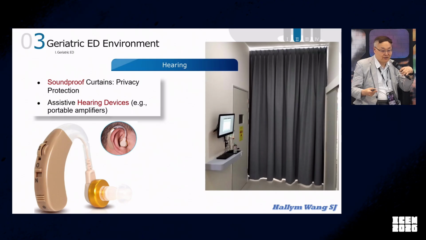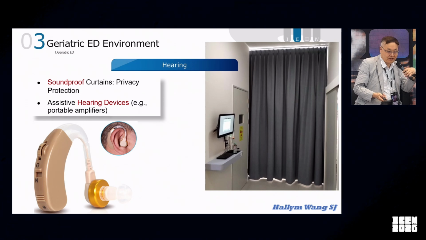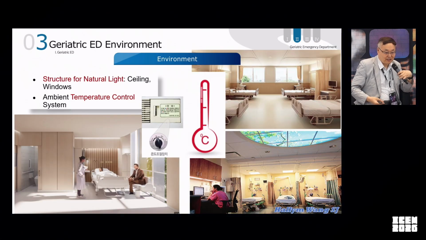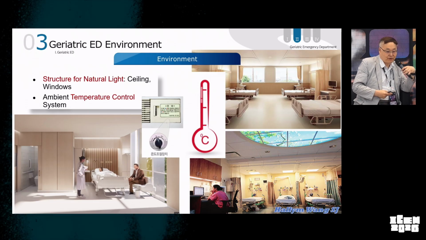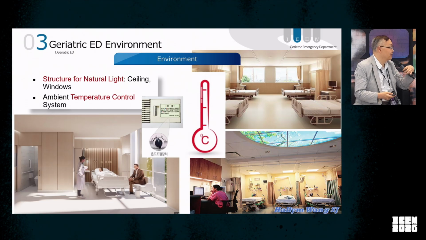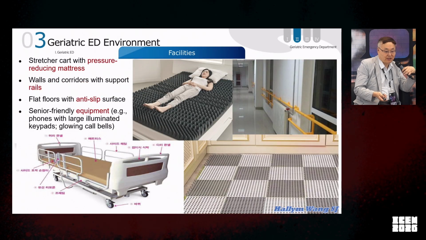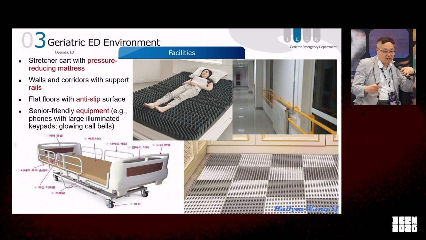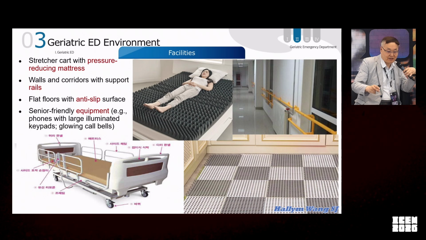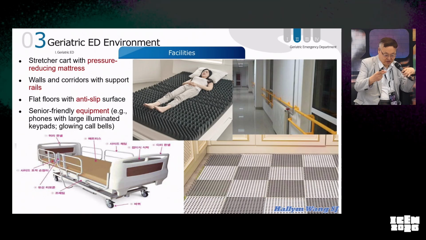How about hearing? Soundproof curtains and hearing devices are essential factors. Then environment: structure for natural light is very important, especially to prevent geriatric delirium. Temperature control is also important. Facilities: pressure-reducing mattresses, supporting chair rails, anti-slip surfaces, and other senior-friendly equipment you can choose.